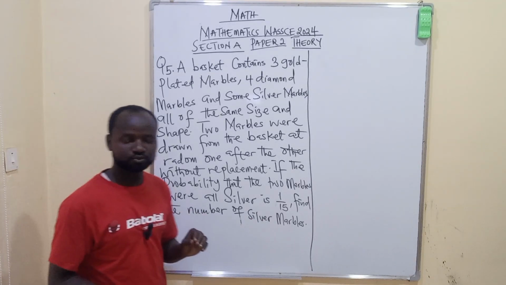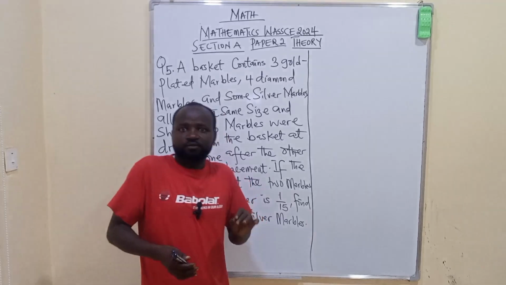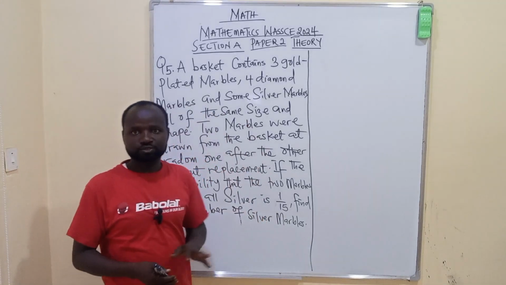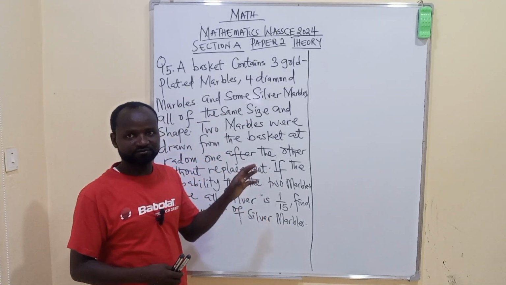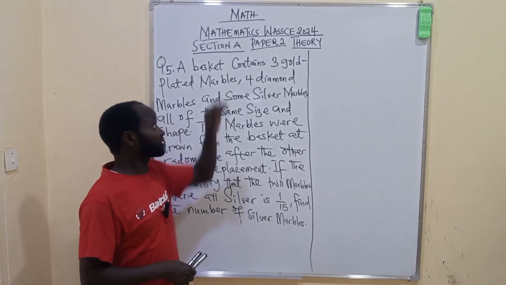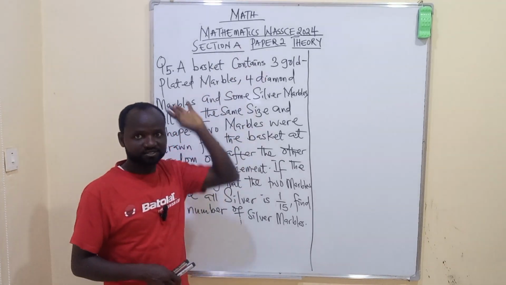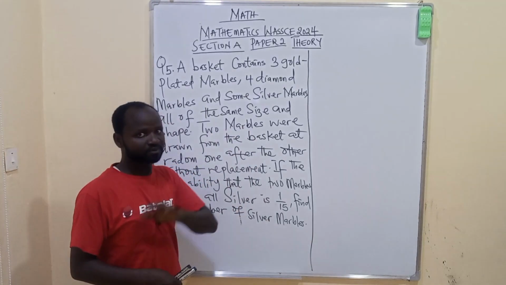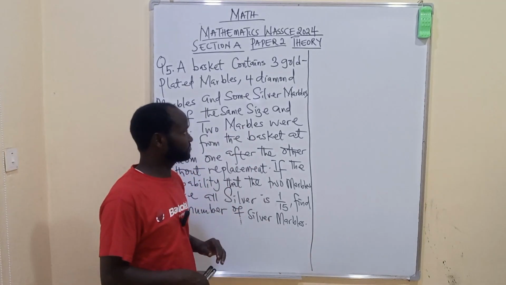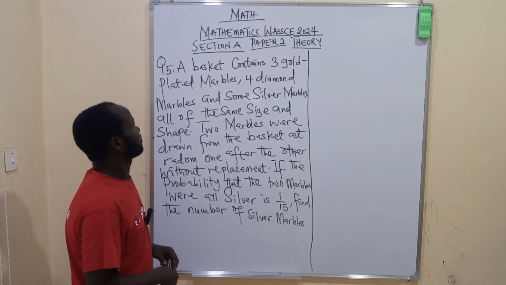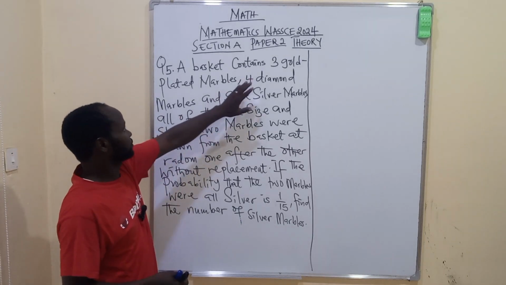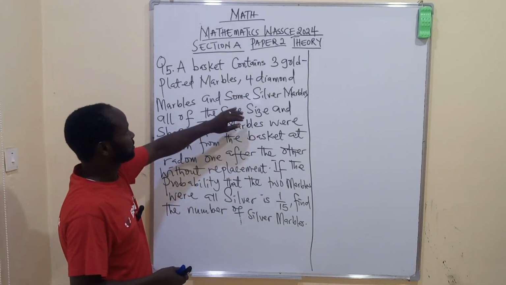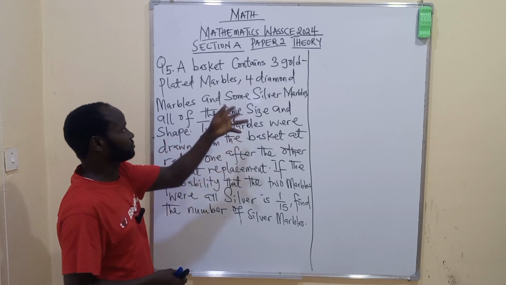The first thing for us to do is to identify which topic this question is from. Of course, this is one of the interesting topics in both further mathematics and general mathematics. This is probability. We are told that a basket contains 3 gold marbles, 4 diamond, and some silver marbles.